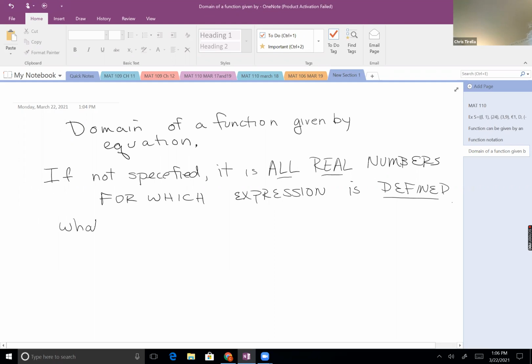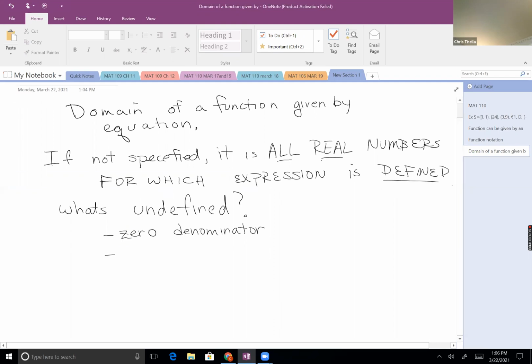And so what's undefined? Well, we've looked at 2 things. We can't have a 0 in the denominator. And if we're restricting our thought process to real numbers, we can't have a negative radicand if we have an even index.